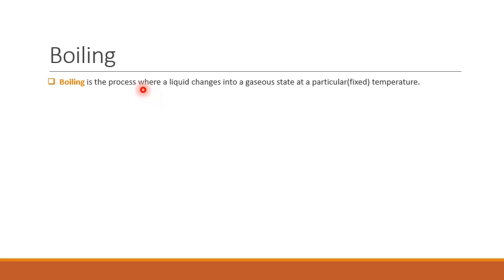Now let's understand the process of boiling. So boiling is the process where a liquid changes into gaseous state at a particular or a fixed temperature. The process of boiling is also known as vaporization.